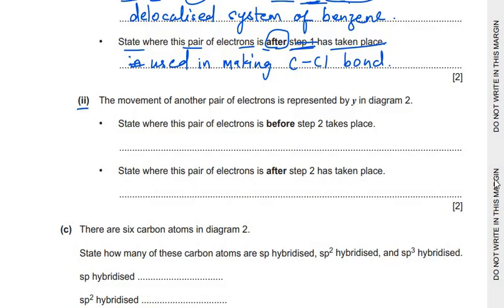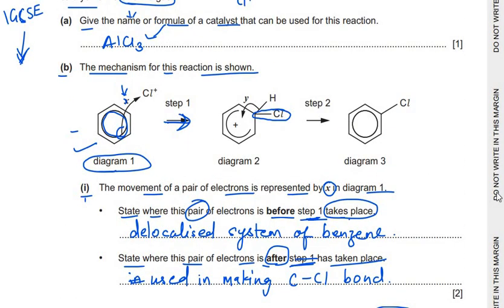The second part is: the movement of another pair of electrons is represented by Y in diagram 2. Now state where this pair of electrons is before step 2 takes place, and state where this pair of electrons is after step 2 takes place. So now let's see where this Y is before and after step 2.